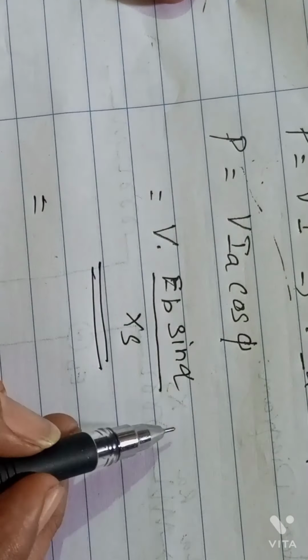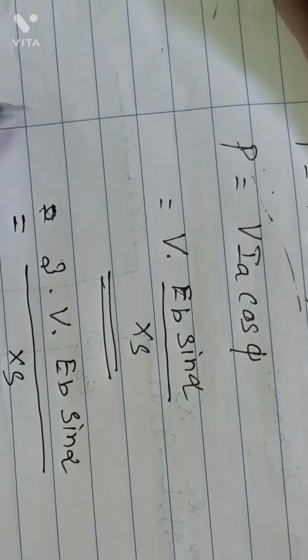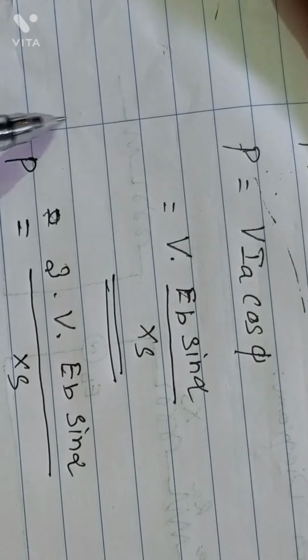Three phase means what happens? Just you multiply with the 3, that's all. 3 into V into EB sin alpha divided by XS. So this is for three phase power.